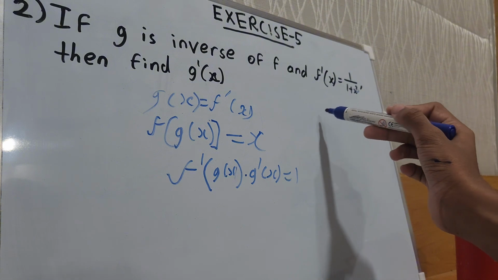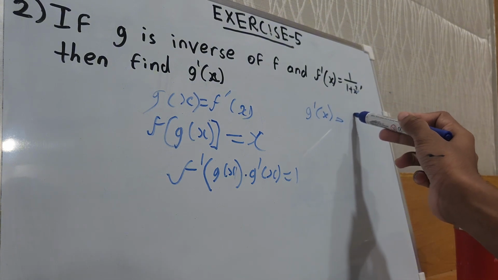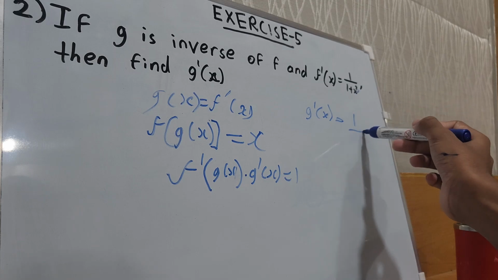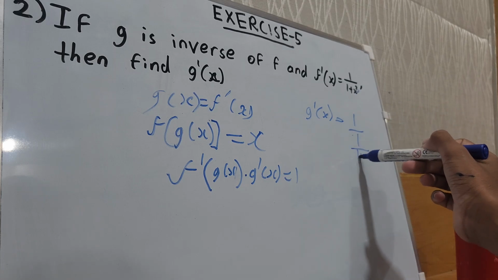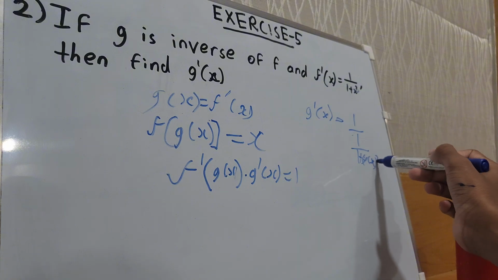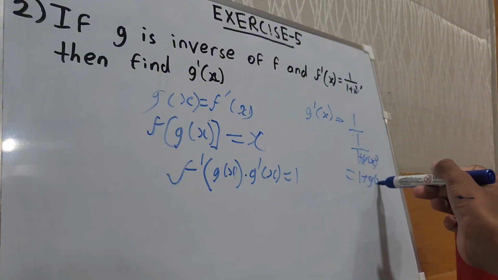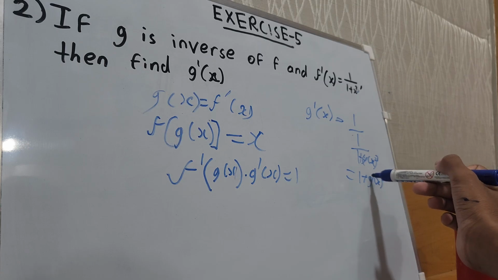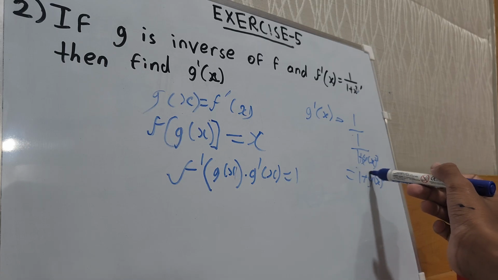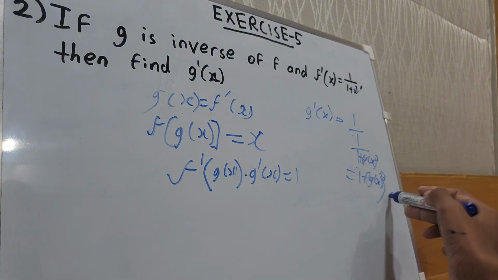So we get g'(x) is equal to 1 by 1 plus g(x) whole cube. That is g(x) cubed, not the whole. And that is the answer for this question.